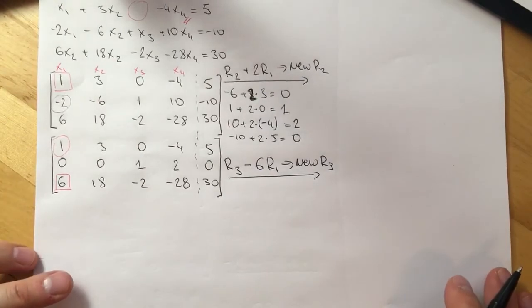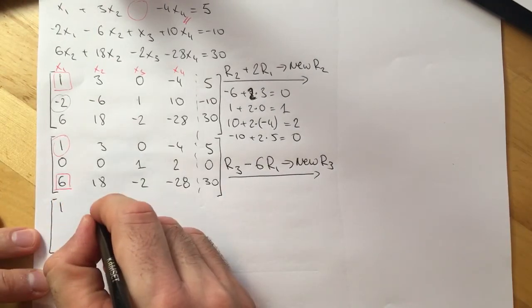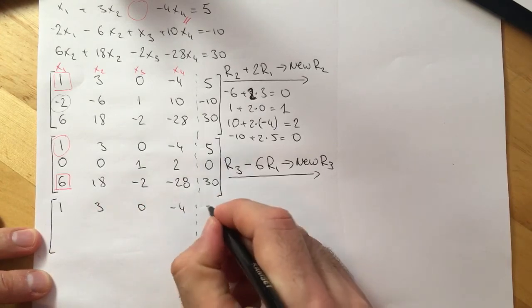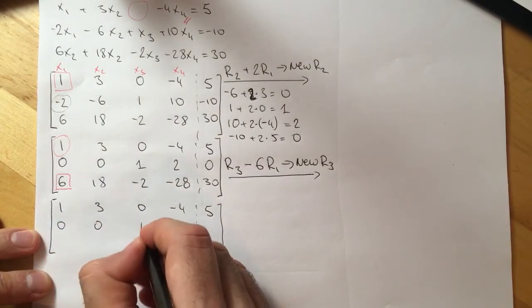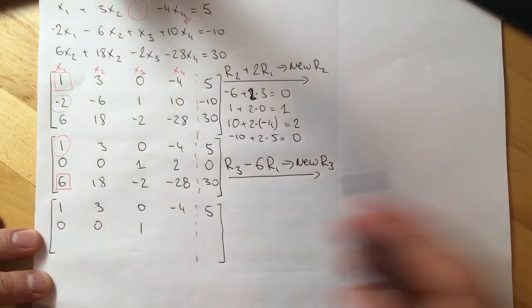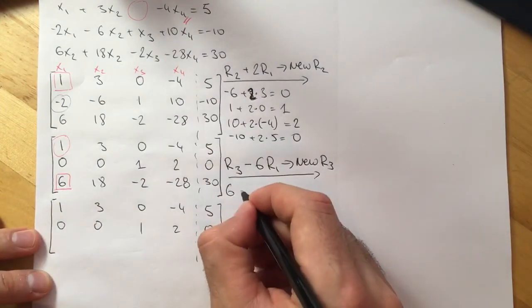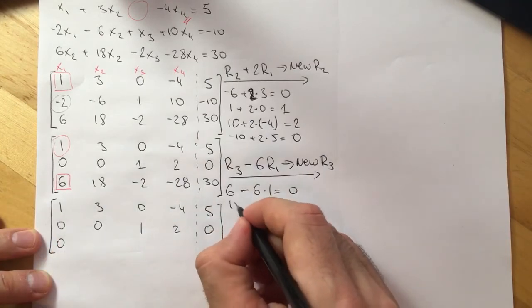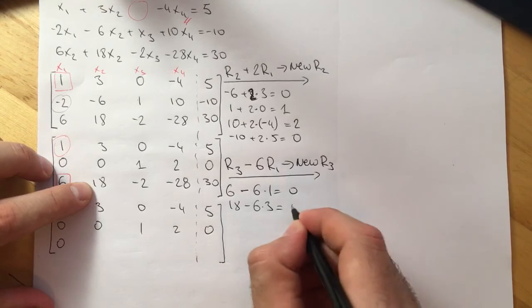Okay, so copy the first two rows, 1, 3, 0, negative 4, 5, 0, 0, 1, 2, 0, and then I have 6 minus 6 times 1, well, that's 0. 18 minus 6 times 3, that's also 0.